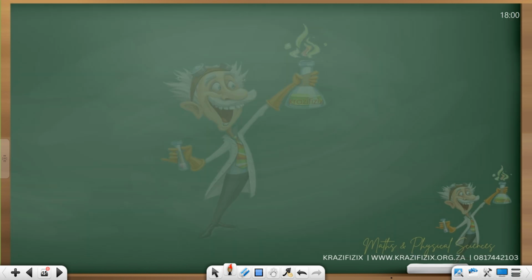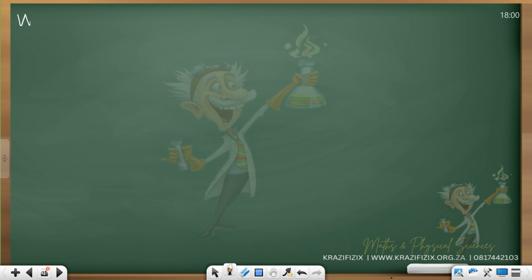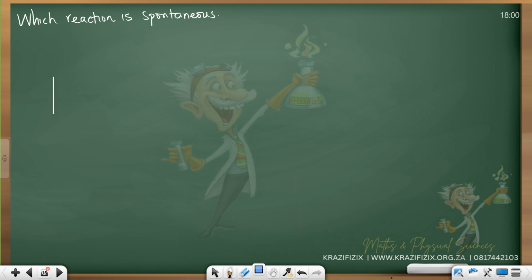Okay, all right. So, guys, this is spontaneous, but I want to make sure that we are okay with it because I just don't want to jump into it. Please, which reaction is spontaneous? And I want you to explain the reaction now. Which reaction, this is your own question, is spontaneous? I have 2 beakers.